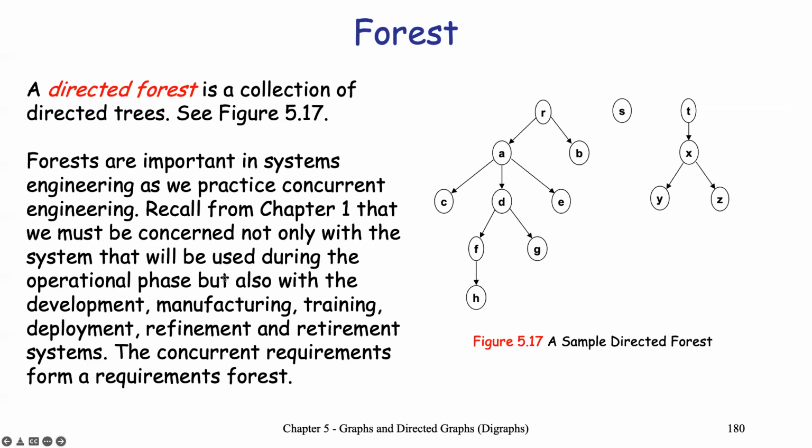Recall from chapter 1 that we must be concerned not only with the system that will be used during the operational phase, but also with the development, manufacturing, training, deployment, refinement, and retirement system. The concurrent requirements form a requirement forest, and here we have 3 trees within this forest.